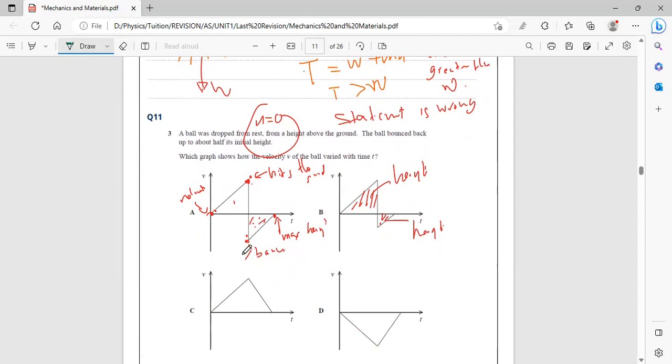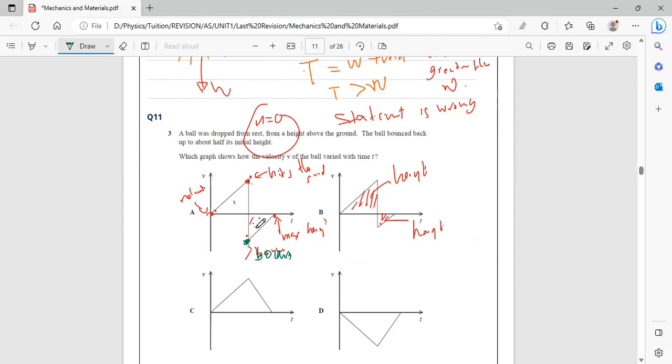And then its velocity increases. So A, B, C, D all are correct because velocity increases from 0. That's fine. But after it hits the ground, it bounces back, so the velocity changes direction, right? So let's take A. At this point, the ball hits the ground, and then it bounces.